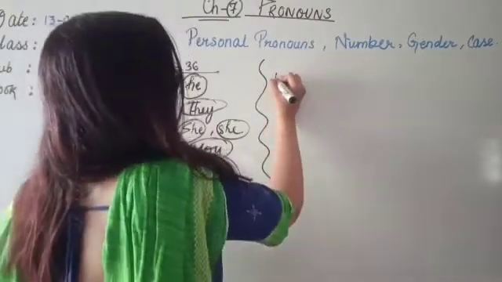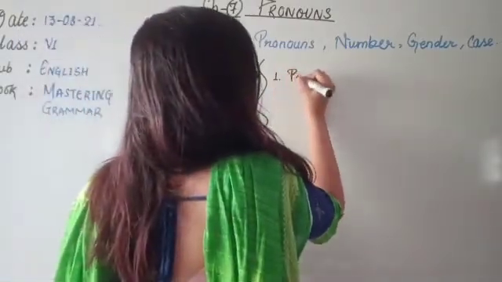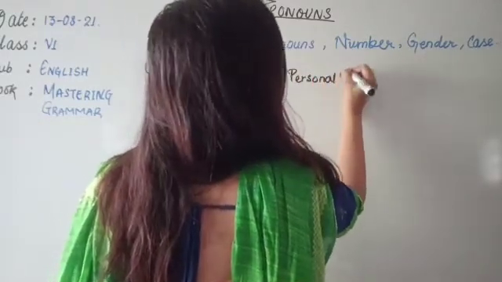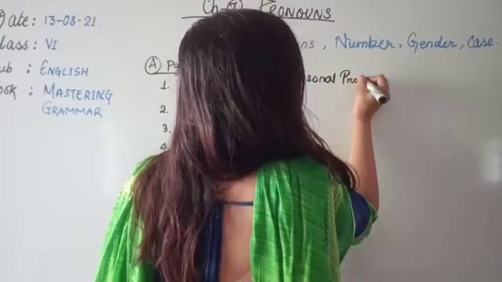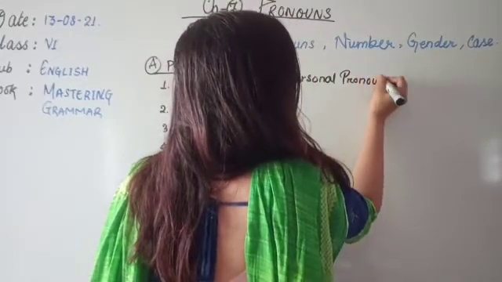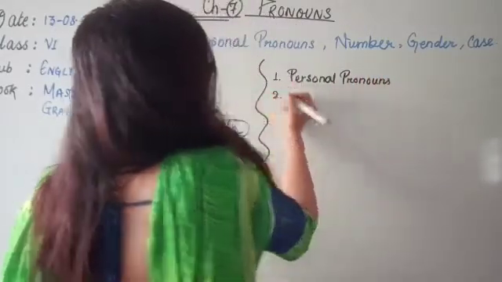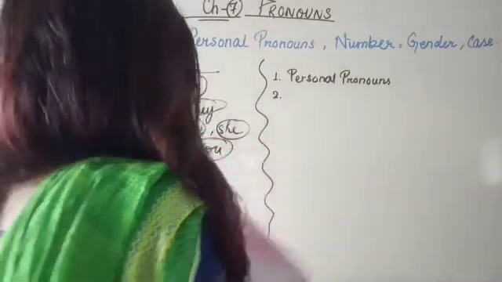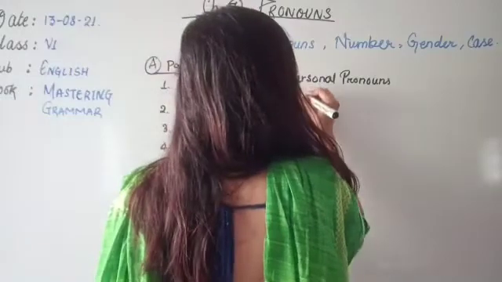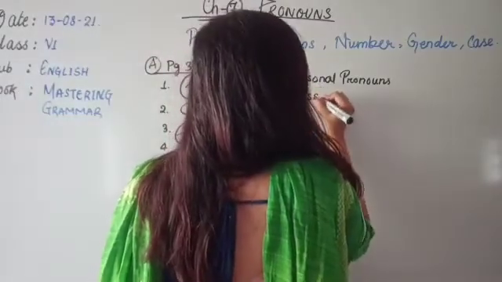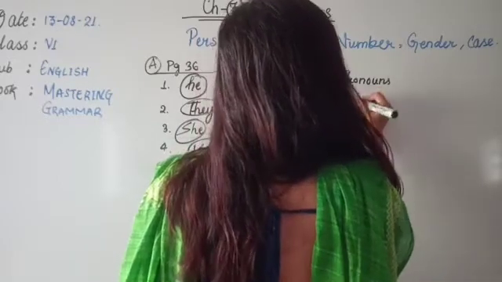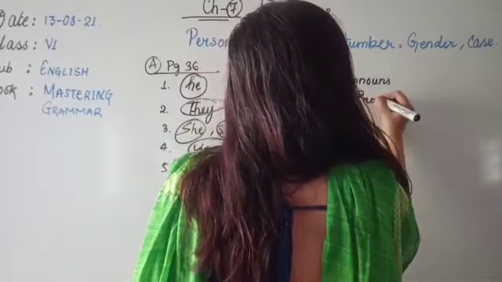So the first one is personal pronoun. This personal pronoun we are going to learn in detail in this chapter. Number 2 is our possessive pronoun, showing possession. Possessive pronouns will show possession of.